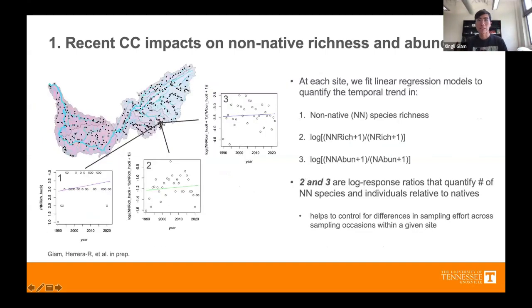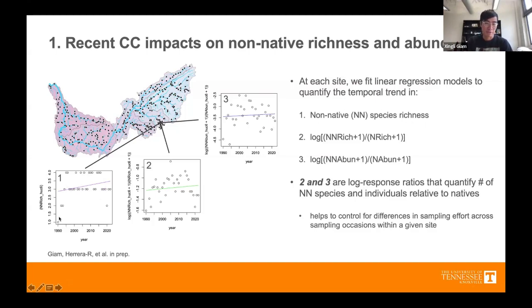So what do we do? One thing is that for each site, we have a time series that spans at least 10 years, at least 4 years of sampling, and all those criteria. So for each site, we can fit a linear regression model to quantify the temporal trend. We choose 3 things to look at. First, non-native species richness through time.